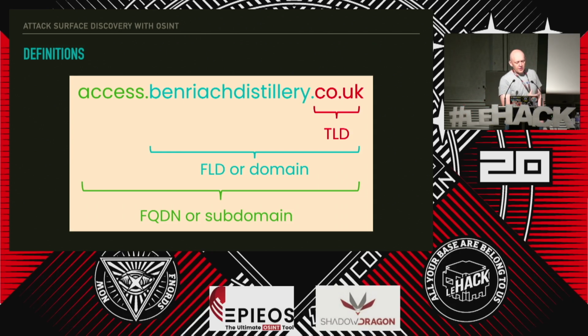And it's really important because we're looking at creating an inventory of first level domains, or FLDs. So when I say domain, I mean the first level domain. If I say hostname, FQDN, or subdomains, it's something below that. Okay? I hope that's all clear.